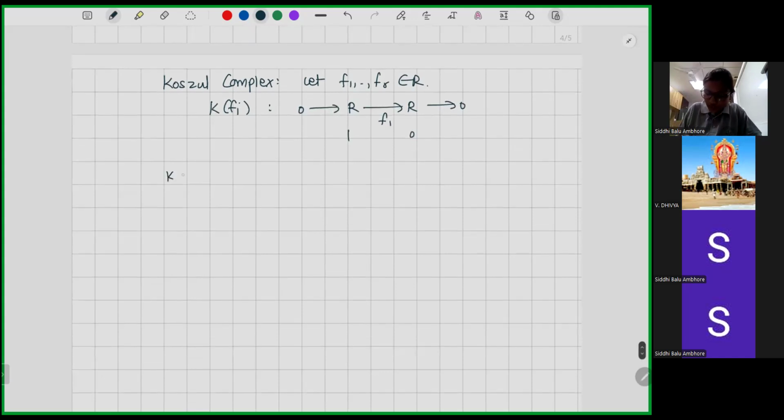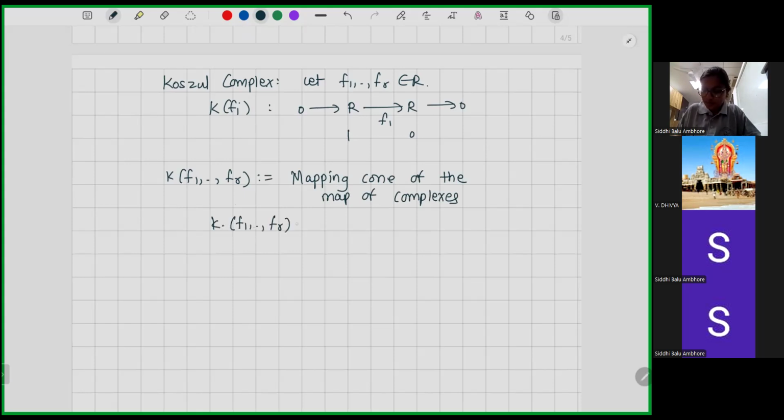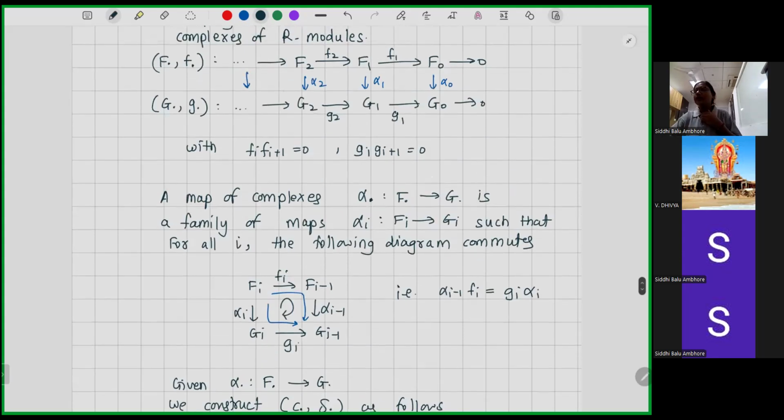And in general, for K of f1 to fr, it is the mapping cone of the map of complexes, where K of f1 to fr minus 1 maps by multiplication. So this alpha i, which we had earlier, is replaced by just multiplication by the next element.